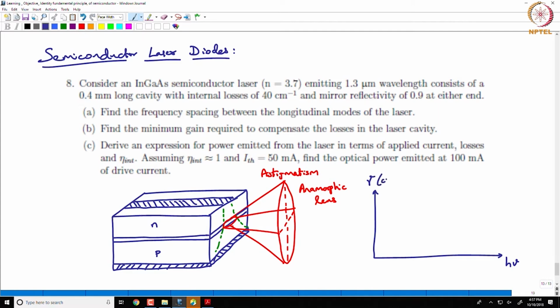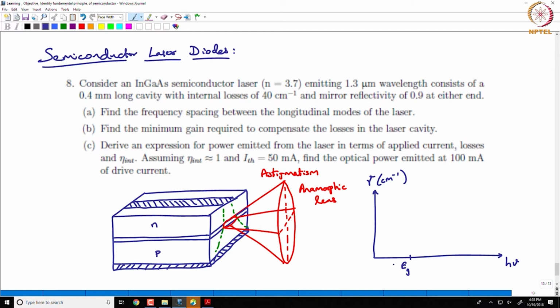The gain coefficient is expressed in inverse centimeter. If you look at the gain coefficient as a function of h nu, there is nothing that is going to happen for energy less than the band gap energy. Why is that? No energy levels exist, these are all forbidden. So you are not going to have any action happening to the left side of Eg.